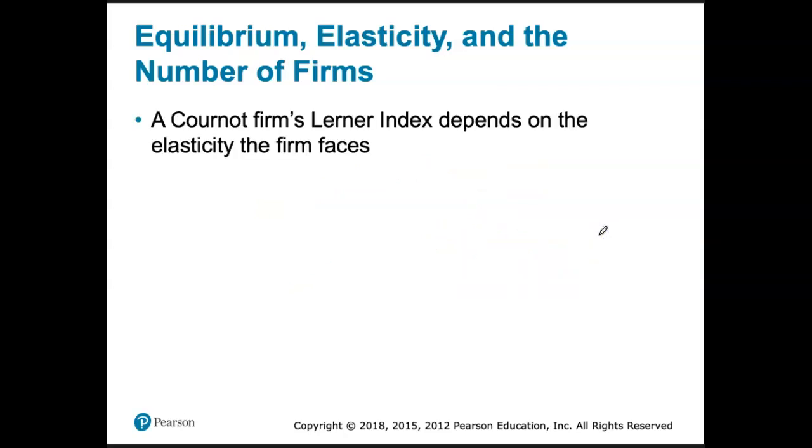A Cournot firm's Lerner index depends on the elasticity the firm faces. So we have P minus MC divided by P equals -1 over N epsilon. This time we have N over here, where N is the number of firms.